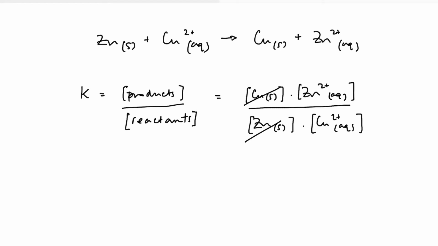When I put in actual numbers for this, the concentrations of zinc ions and copper ions at equilibrium, then our value of K tells us an awful lot about this reaction. If K is greater than 1, then we know we have a much higher concentration of products at equilibrium than reactants. And the bigger that value, the closer to completion this reaction has gone.